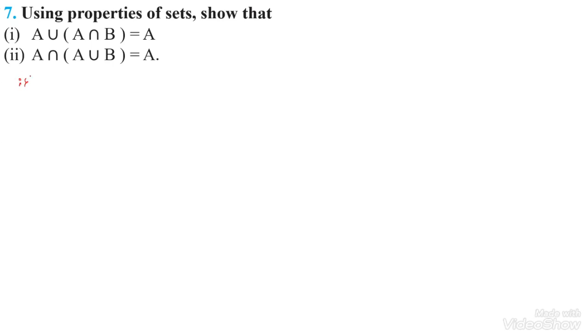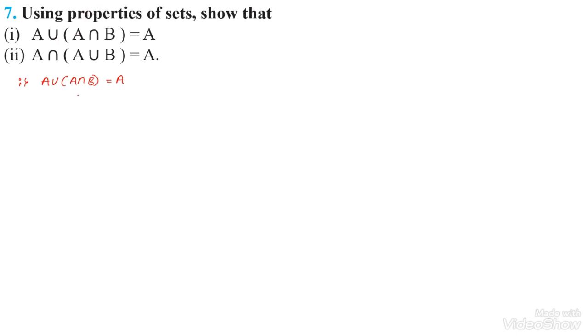We have to prove A union (A intersection B) is equal to A. They have given using properties, so we have to use only properties. If properties are not mentioned, you would prove it by using examples only. They mention properties here.